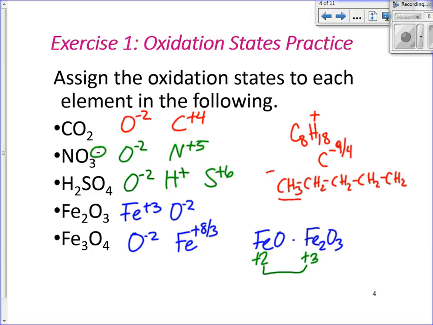But in this case, the carbon is a -3, the carbons are -2s in the middle. So it's sort of like averaging those together. And you won't see them very often, but that's why we can have fractions for oxidation numbers. It is really more representative of trying to keep track of the electrons here. Okay.